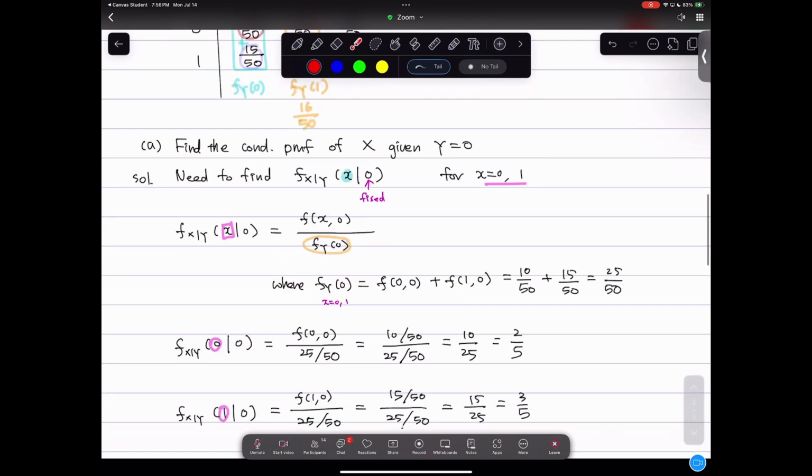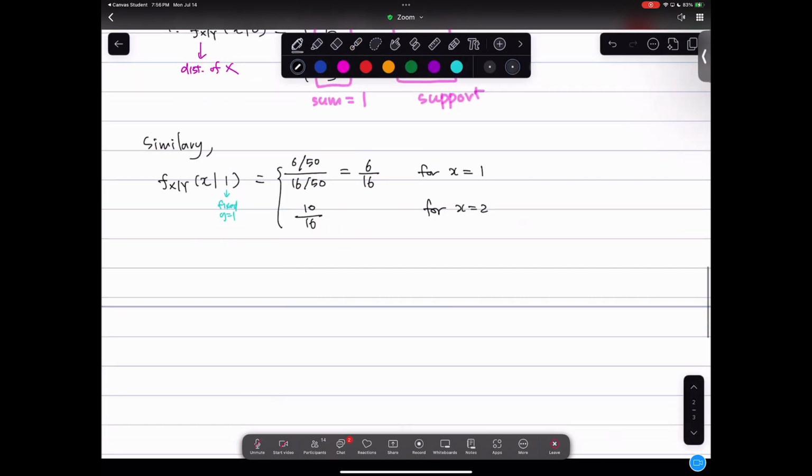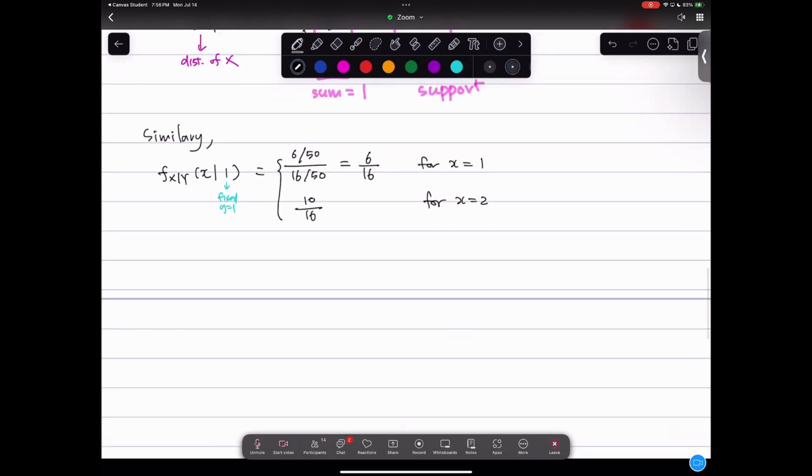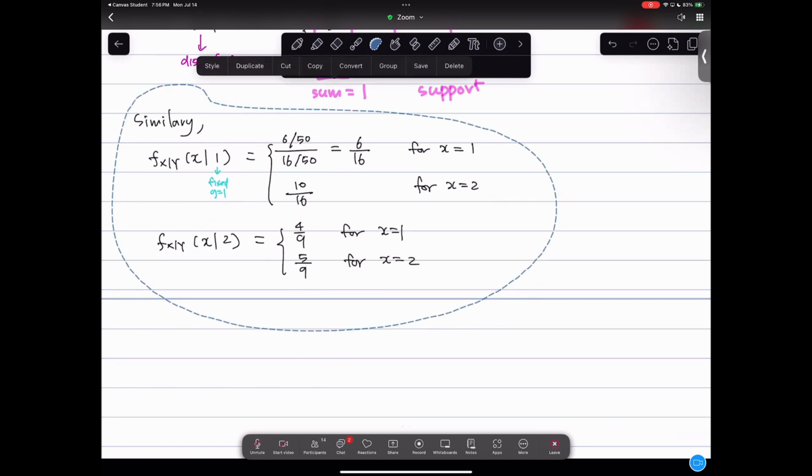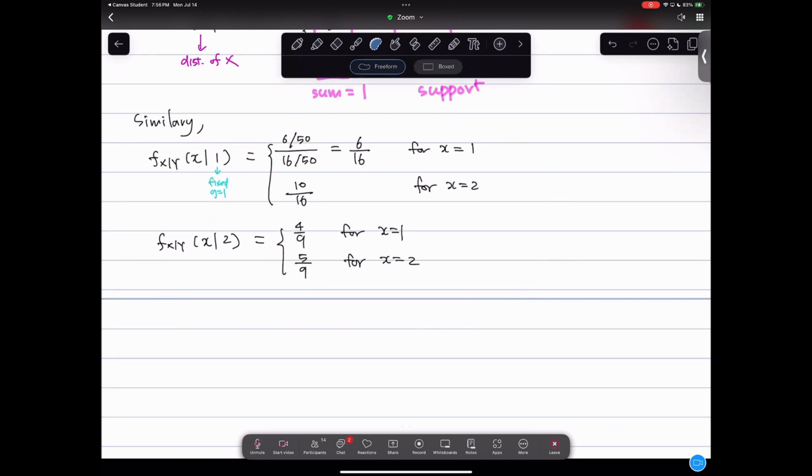So check yourself, do it yourself. I'm going to write them down just for you. If you have x given y value of 2, you should be getting 4/9 for x of 1 and 5/9 when x equals to 2. So try to get it done yourself. And once you get it, it should be okay. But for now, it's a little confusing.